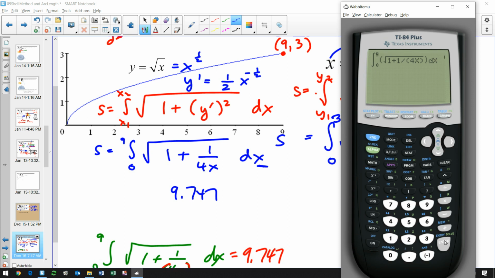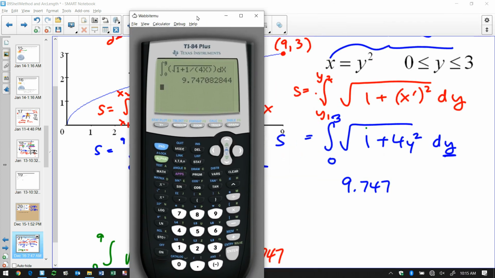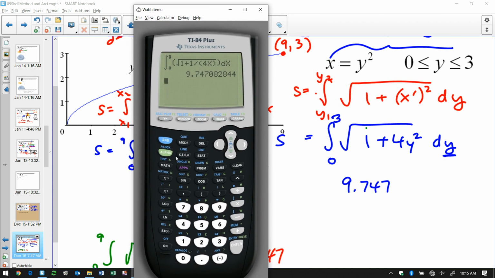Oh man, I'm in trouble. Did you guys get it yet? Okay, so 9.747? Yes. Check the other one. So let's go to the right side here. We're going to do math 9, from 0 to 3. In the integrand, you'll have the square root of 1 plus 4y squared.